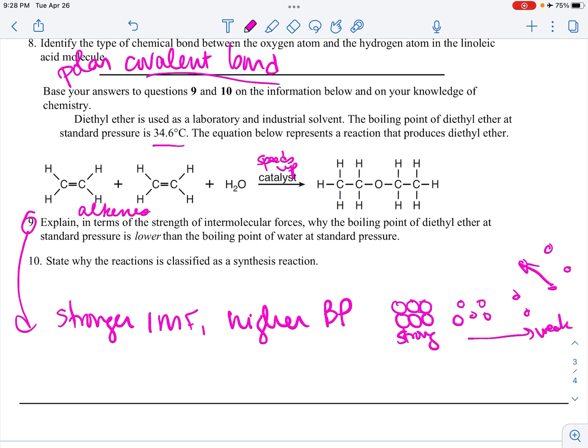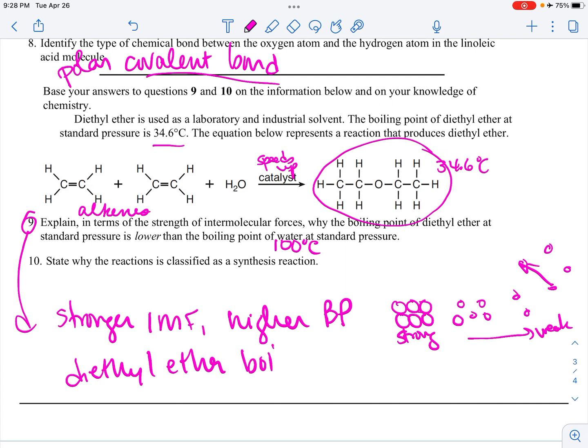So let me read the question again. Diethyl ether, boiling point. The boiling point of water is 100 degrees Celsius. They expect you to know that. This is 34.6. So this is going to boil faster. So diethyl ether boils first, and it has, therefore, weaker intermolecular forces because it boils first.